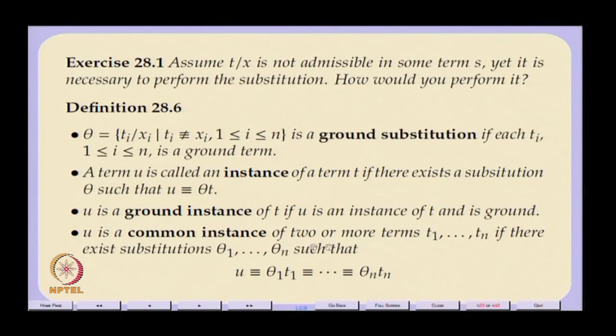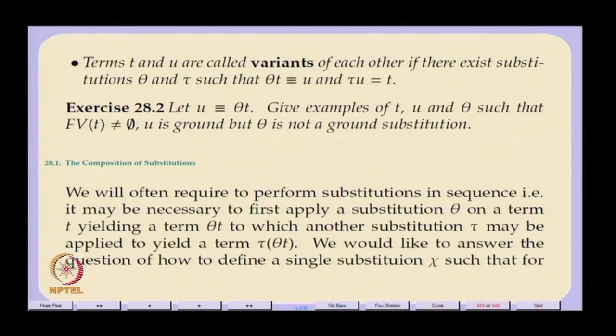Actually, there is not a single substitution, there is a corresponding set of substitutions theta 1 to theta n, such that you can make all these trees look the same as u. Then you say that u is a common instance. This is slightly different from unification, which we will come to.